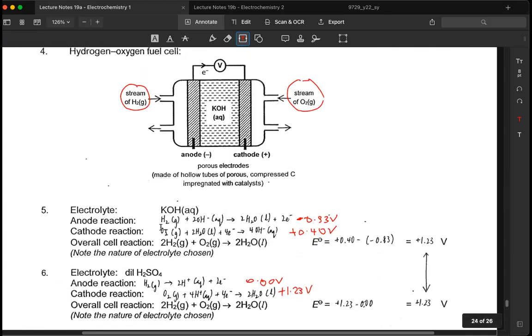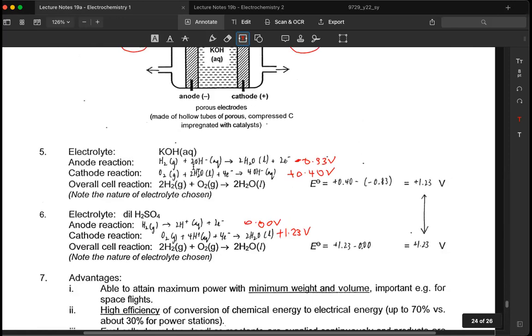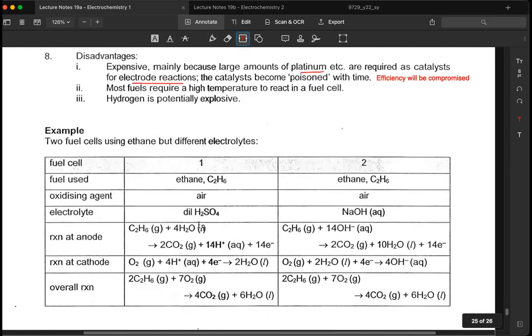And for the acidic one, you realize that for the anode, if it's alkaline, they will add the OH minus.